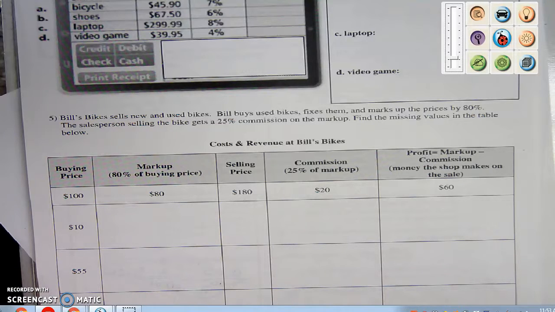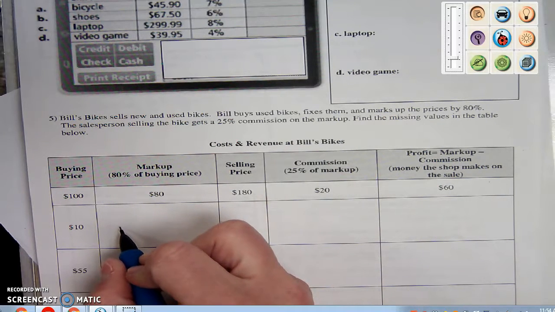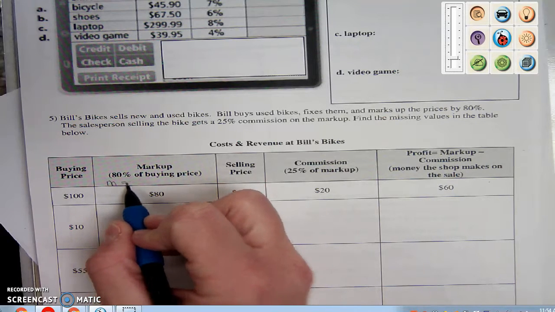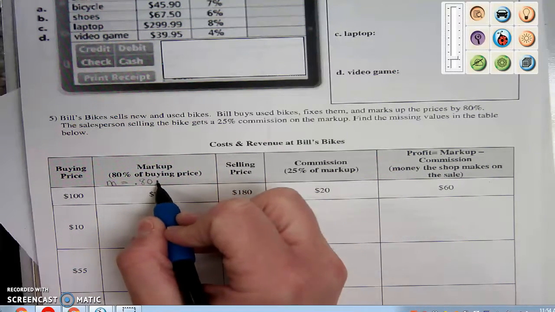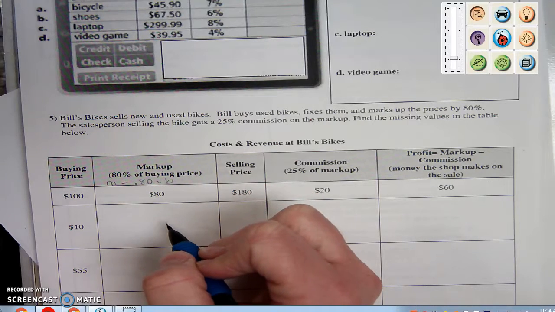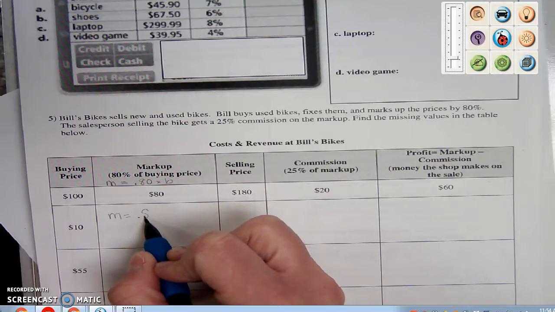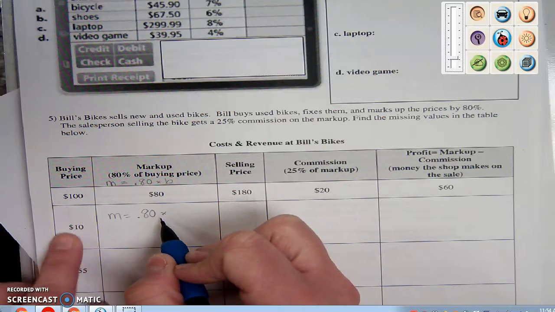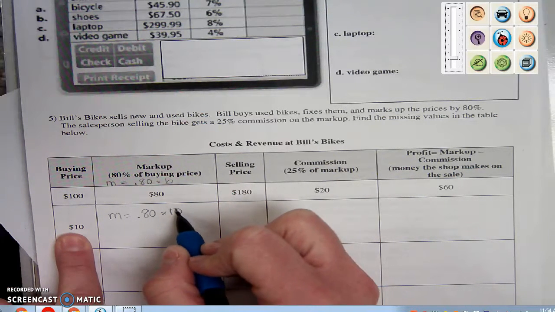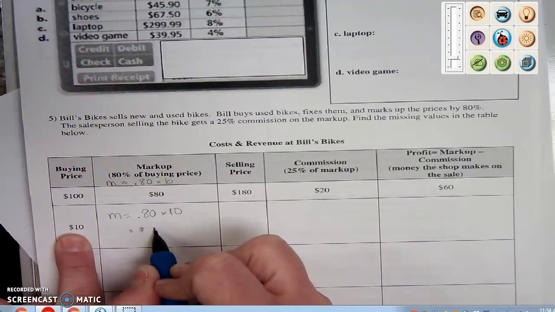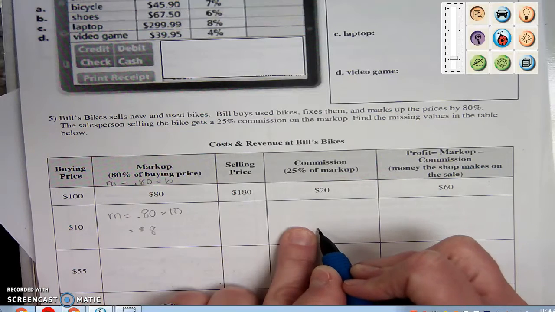So I wanted to show you first how we're supposed to get the answer. The markup is 80% of the buying price. So the markup we're trying to find is 0.80 times the buying price. And if I did that, I would get 8. So in this case, the markup is $8. And then I'm supposed to be calculating the commission.